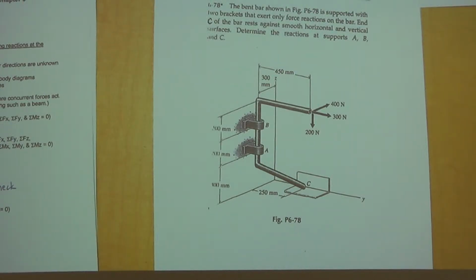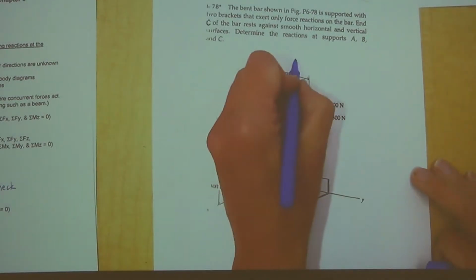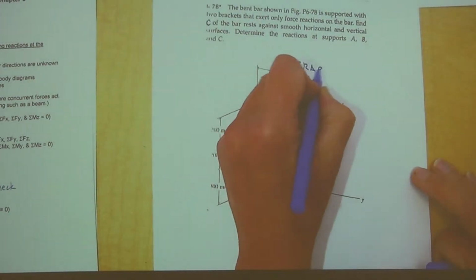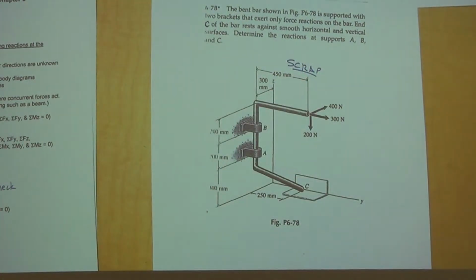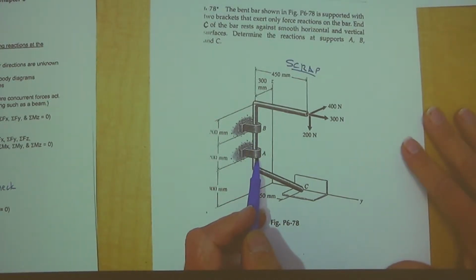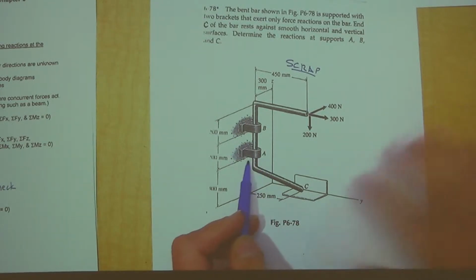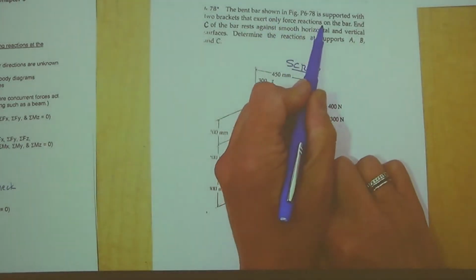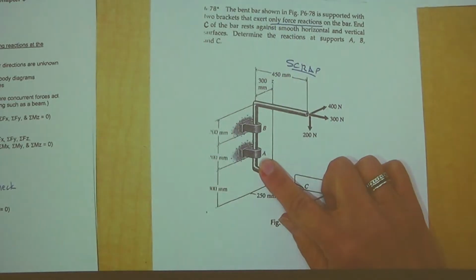Because the ball bearing allows some rotation, right? So the only thing that it's resisting is the forces. Can you say that one more time, maybe in different words? I'm still not quite sure. Okay, so you agree that this is one of three. It's either the journal bearing, the thrust bearing, or the ball. How do you know it's the ball? Because it says it only has force reactions on it.